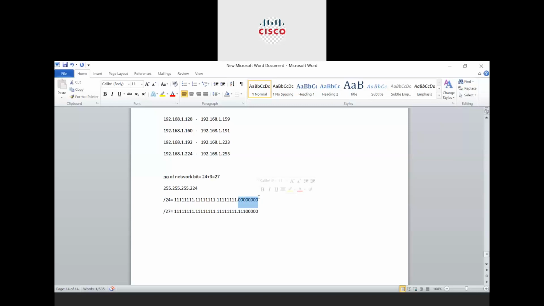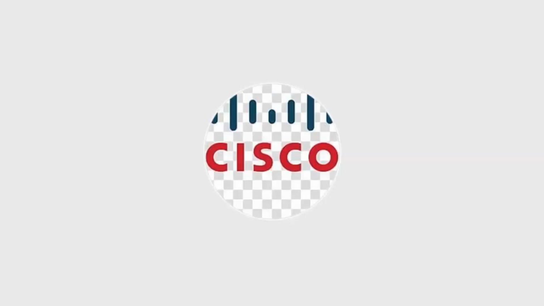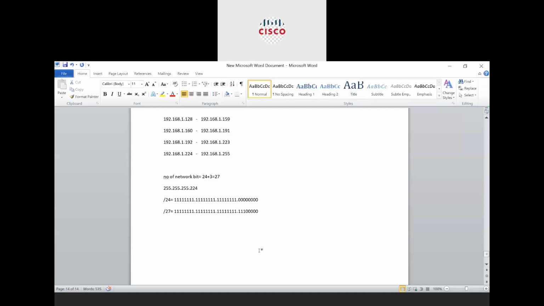But in the slash 27 network, in all these 8 subnets, the subnet mask has changed. There are three more bits, so I will match my network up to 27 bits. I will show you how it works using the Cisco Packet Tracer simulator program. That will give you the idea.